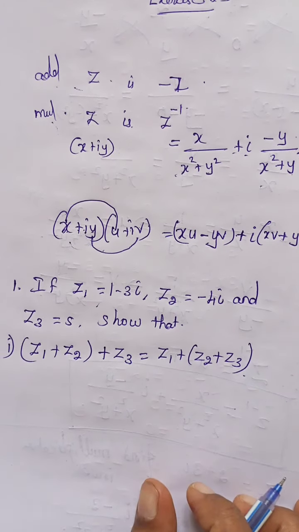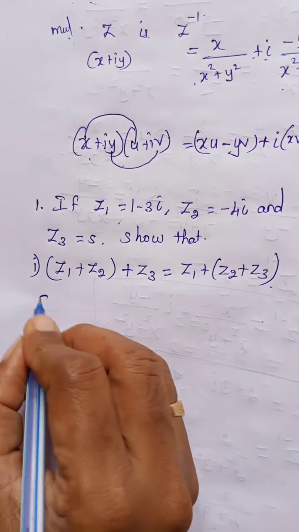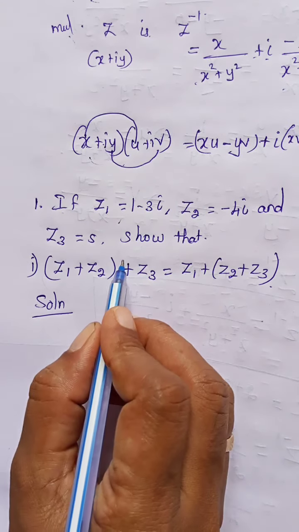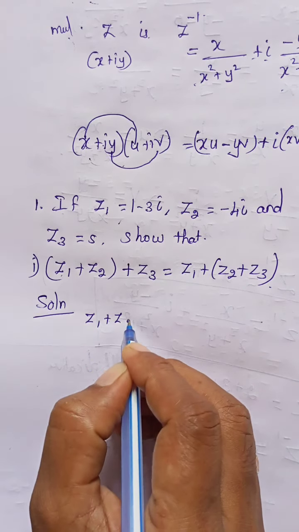This is the associative law in addition. Everything is given. I'm going to simplify this first. First we have to add what is given in the bracket.